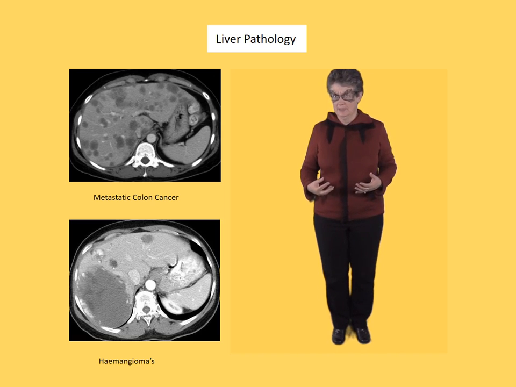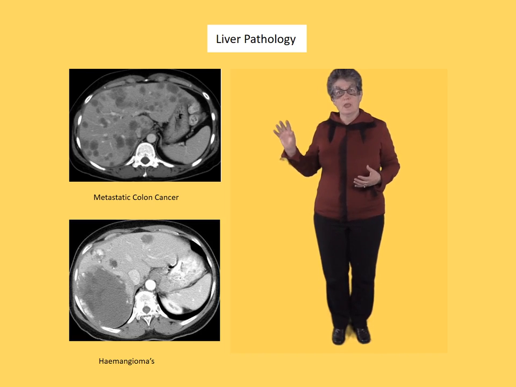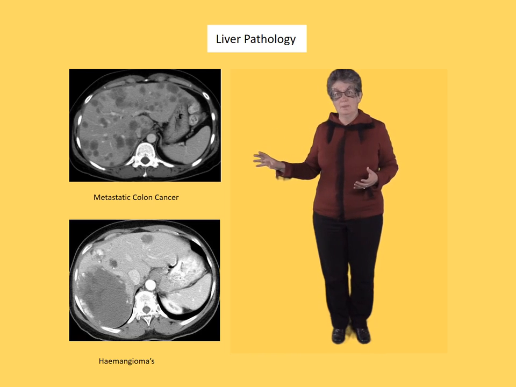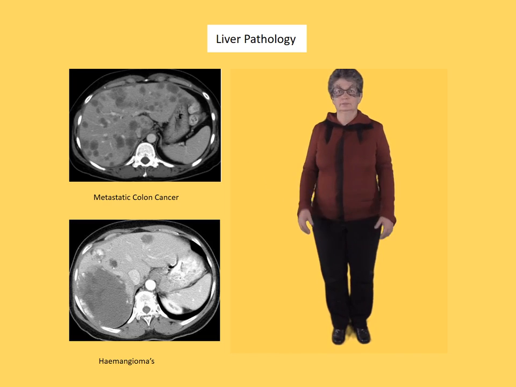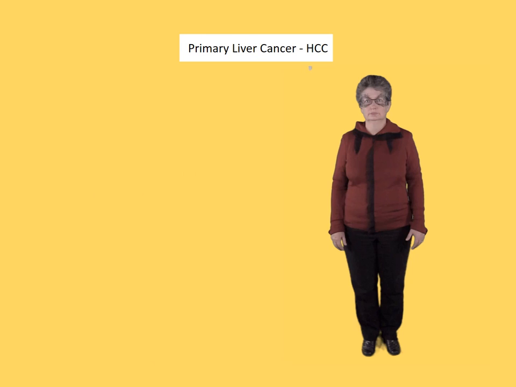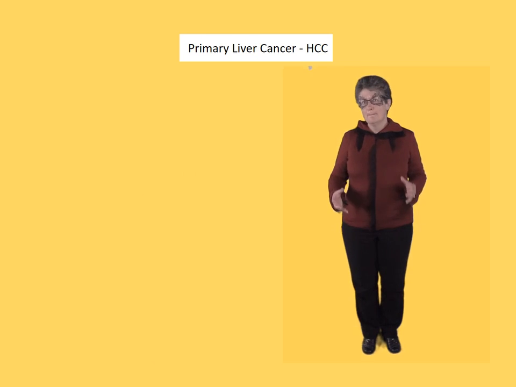What else can happen in the liver before we get on to the real liver tumours? Well, hemangiomas can happen in the liver and angiomas can happen in the liver. But the disease that we're all really worried about is primary liver cancer, hepatocellular carcinoma.